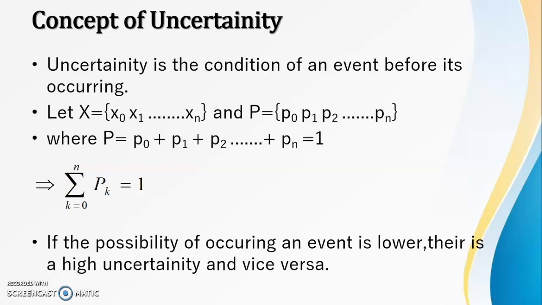Now, suppose after publishing the result, the student gets the news that he passed the examination very well. That means after the event occurs, the student now gets the information about the event. So an uncertainty is the condition of an event before its occurring.